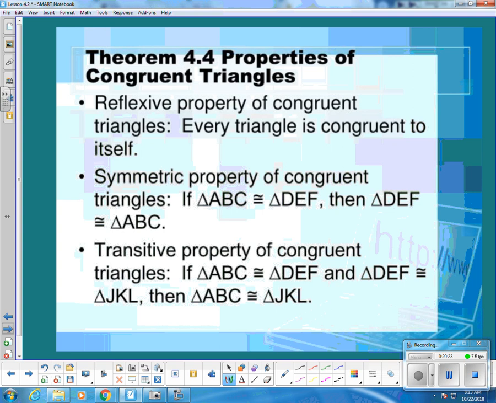And the transitive property also works. If triangle ABC is congruent to DEF and DEF is congruent to JKL, then ABC is also congruent to JKL. Okay, so those three properties that we learned in chapter 1 still exist, still being used with figures. Same properties.